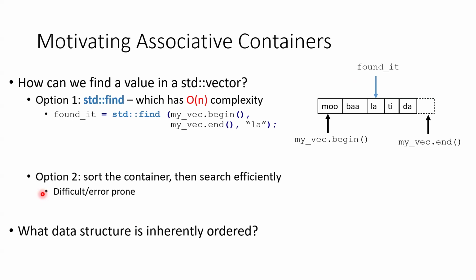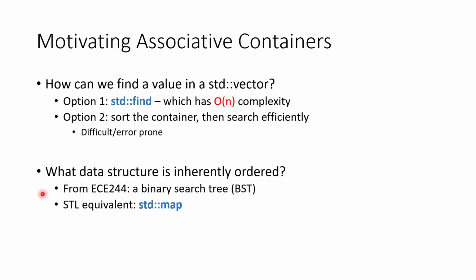But what data structure is inherently ordered? Have you covered any data structure that is ordered by itself? Yeah, binary search tree. From ECE244, we have a binary search tree that is inherently ordered, where the left node is always less than the middle node, which is always less than the right node.